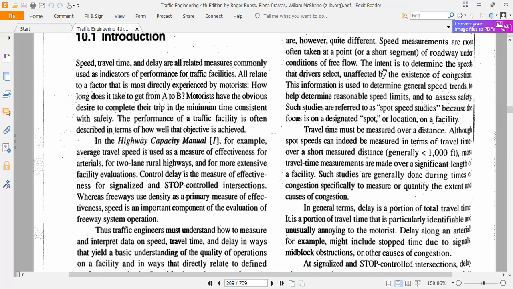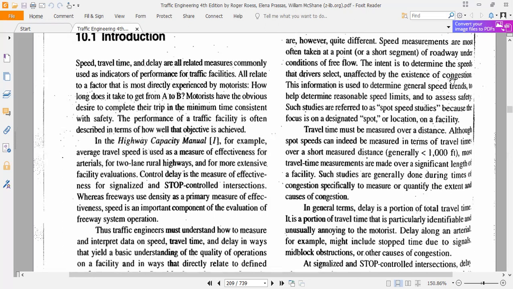It will depend upon the drivers what speed they select. Different drivers will select different speeds. And remember, free flow speed is unaffected by the existence of congestion. Thus, free flow speed data show the speed drivers will maintain when they are not experiencing any congestion.